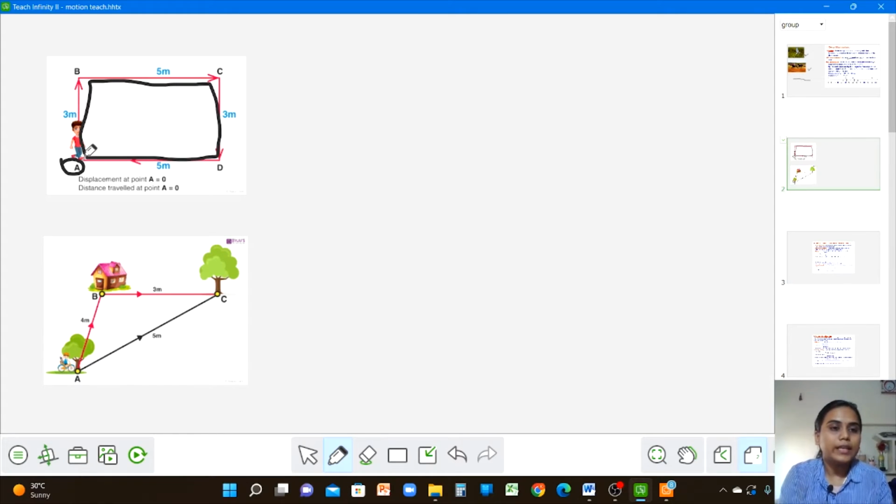Now when he is doing that, the distance covered here will be 3 plus 5 plus 3 plus again 5. So this total will be 16 meter, right? Now this 16 meter is the actual path that has been traveled by this boy.